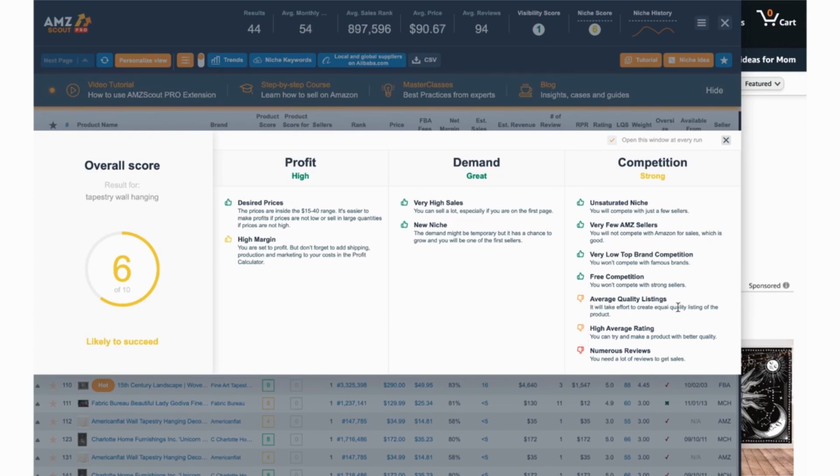Average quality listing just means that it would take a lot of effort for you to optimize your product listing in order to compete with other product listings that are already listed on Amazon. And the other thing is many of these products have a high average rating. So you need to focus on creating a product that has really good quality.